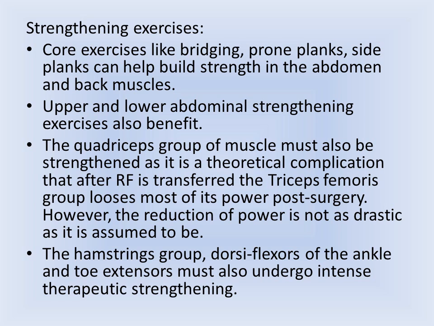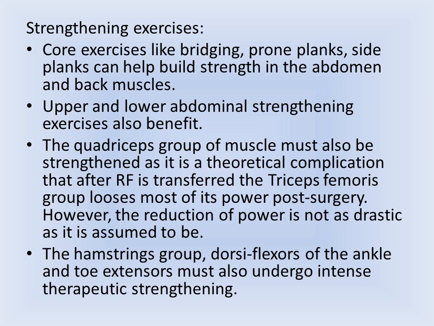As these children undergo multi-level surgeries, strengthening exercises to increase the strength of the core, like bridging, prone planks, and side planks with functional outcomes, can be beneficial. Abdominal strengthening and the quadriceps group of muscles are also strengthened, because theoretically in this surgery the quadriceps femoris group loses most of its power post surgery.